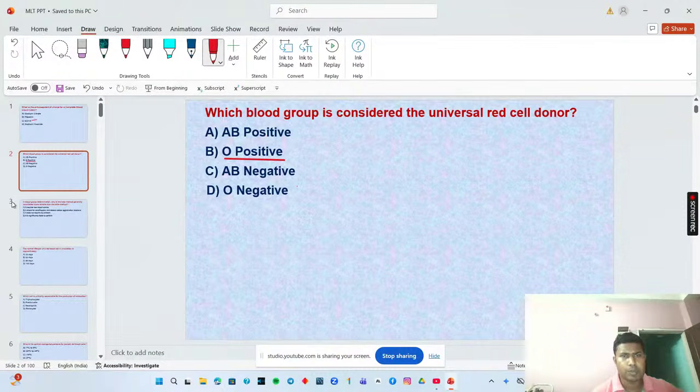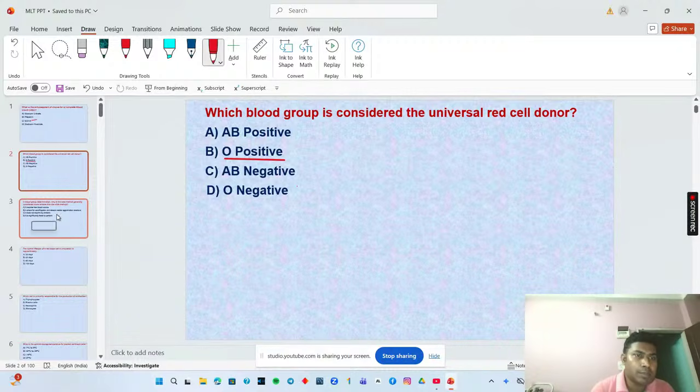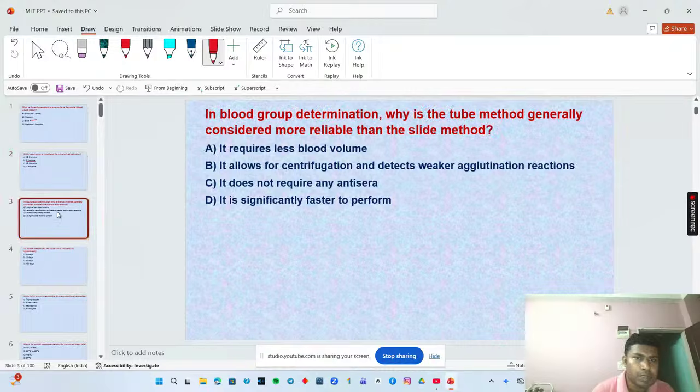It is O positive, because in blood group O, neither A antigen nor B antigen is present. So it can donate blood, since both A antigen and B antigen are absent. Therefore, it can donate blood to anyone. Okay, now the next question.